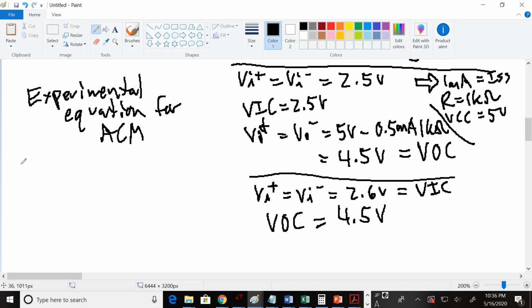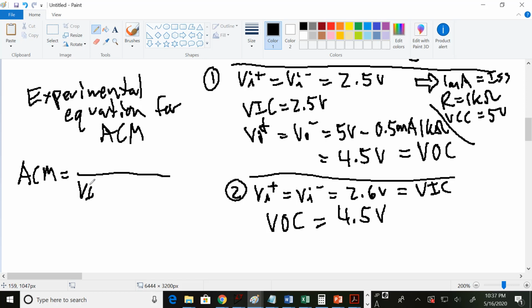It's your ACM equals, in this case, let's call this case 1 and case 2, you'd have your VIC1 minus your VIC2, and your VOC1 minus your VOC2.